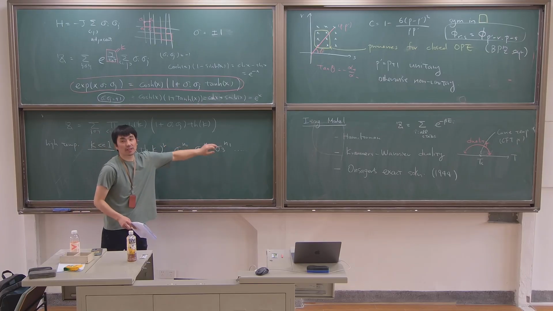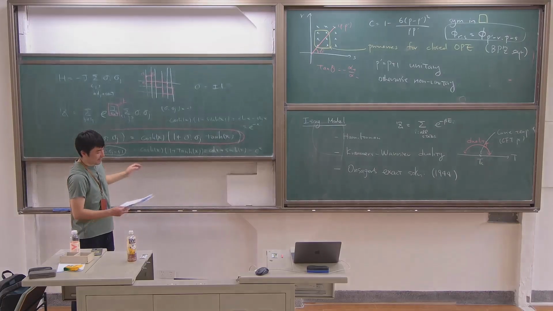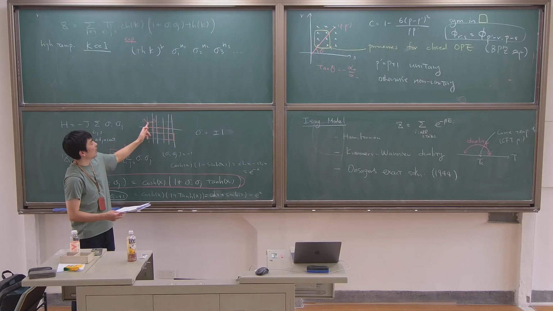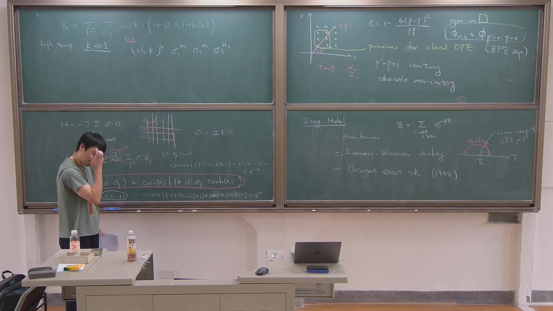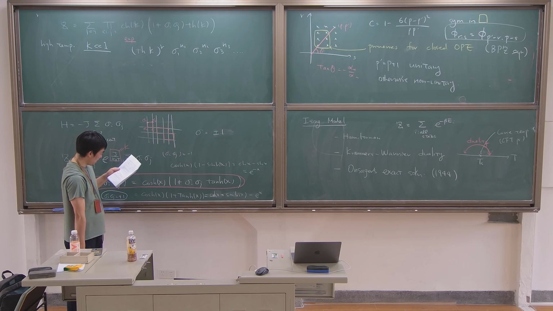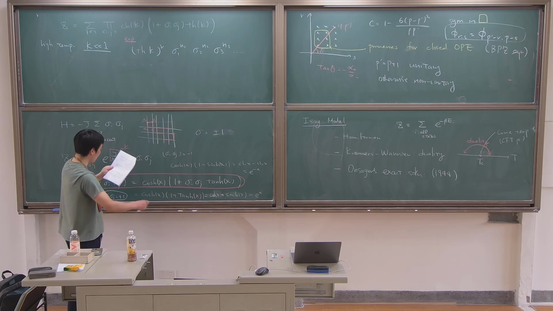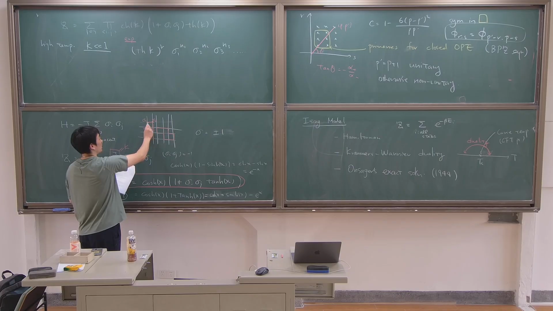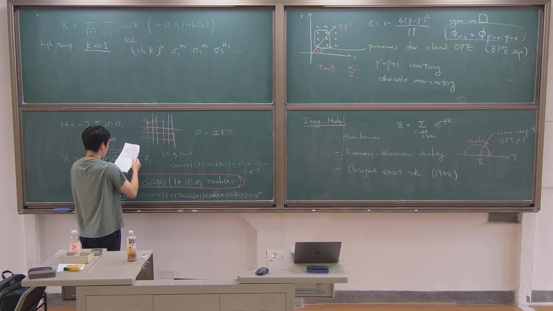And n1, n2, n3 is the number of edges, the number of lines which intersect with the lattice point. So therefore, if it is a closed path, everything is even numbered.